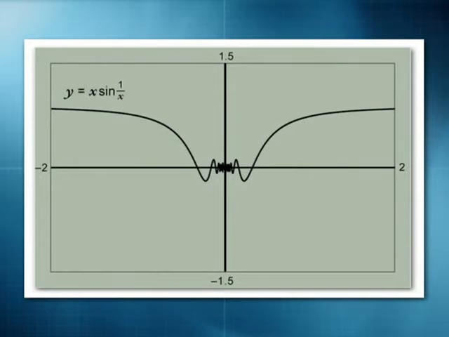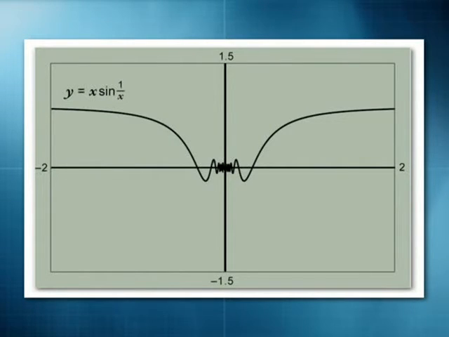And when x gets near 0, that thing in front gets near 0. So I have a product of something between -1 and 1 times something that's going closer and closer to 0. The product will actually get closer and closer to 0. Here's a picture of x sine 1 over x.